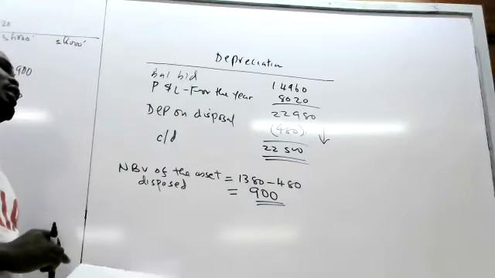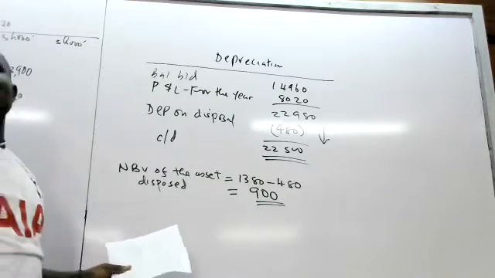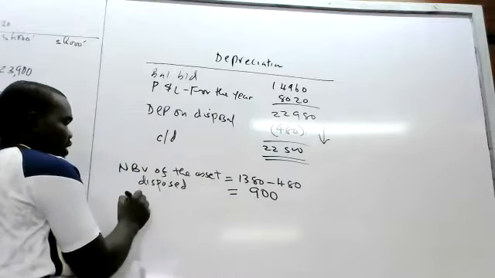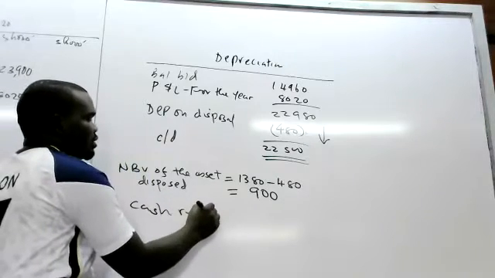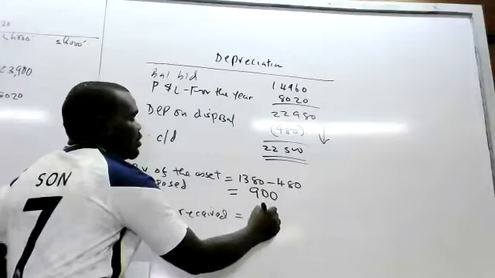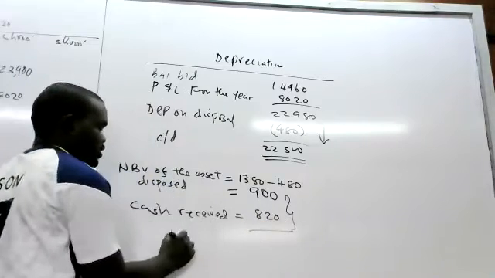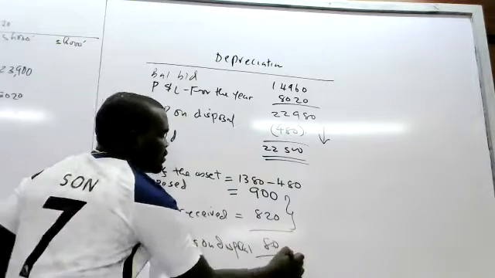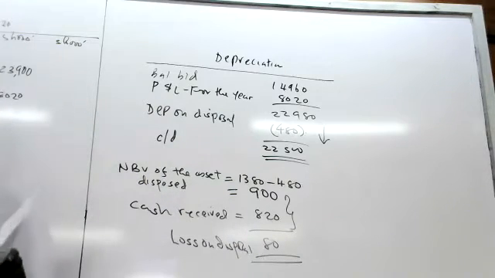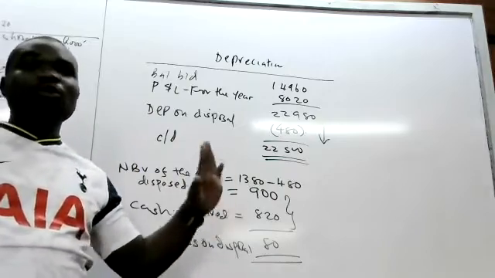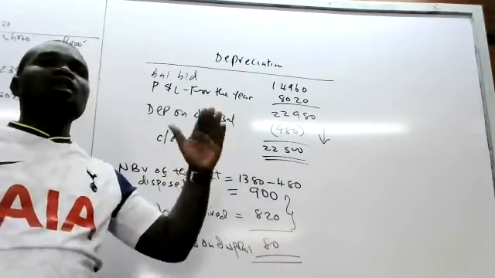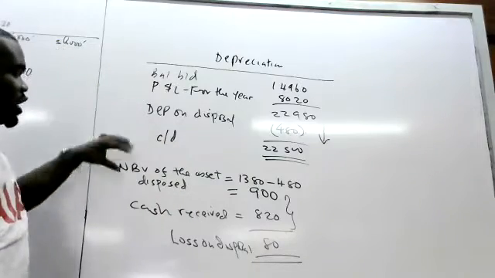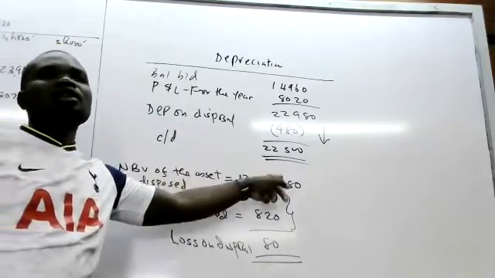Then we sold it for how much? Net book value 900, cash received 820. Did we lose or gain? We lost. So loss on disposal, how much? 80. The concept is, when you want to know whether you lost or gained, you check the net book value: the cost minus depreciation.